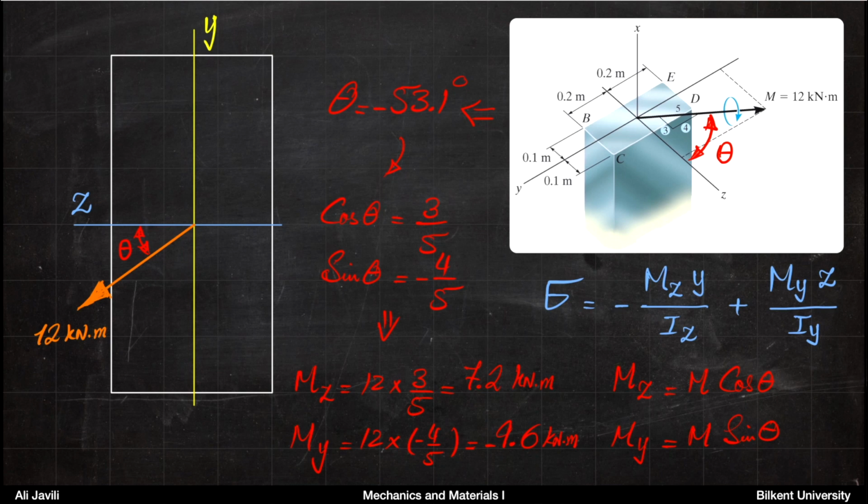And inserting these two values in the formulas that we had for Mz and My, Mz would be 7.2 kilonewton meter, My would be minus 9.6 kilonewton meter. And then again, having a minus for My, it makes sense because it would be downwards.